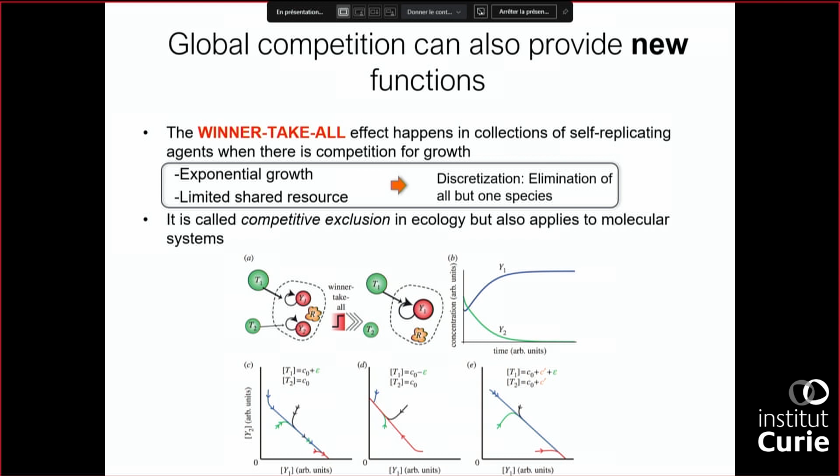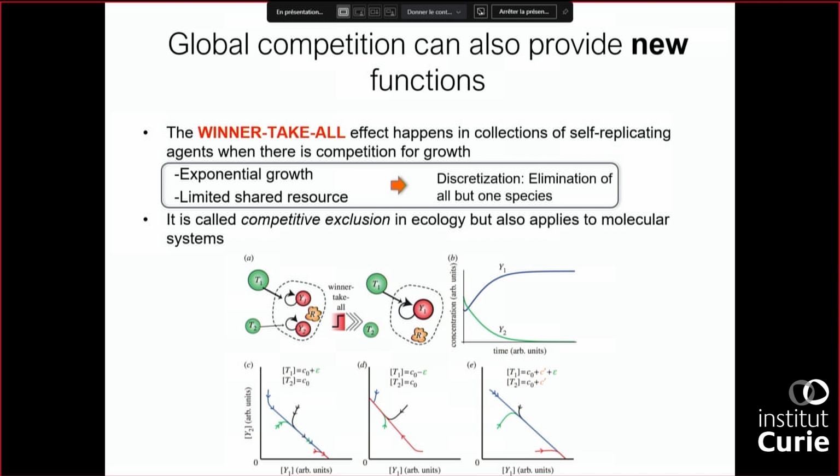But the components are very simple. You have exponential growth and a limited shared resource, and it goes down to discretization: elimination of all but the fastest growing species. This is what we have exemplified here. They share the same resource, they try to grow, and asymptotically one is decreasing and the other one is increasing.